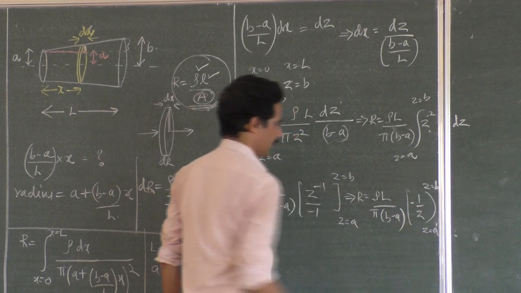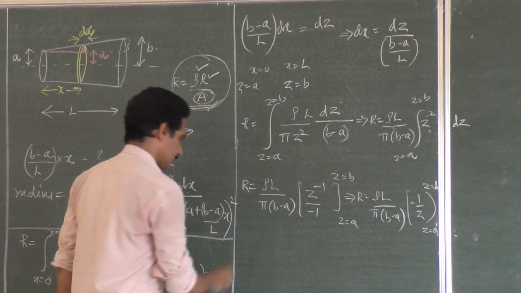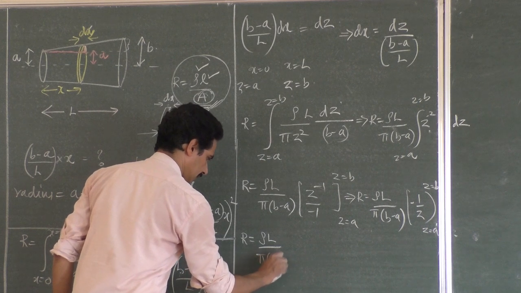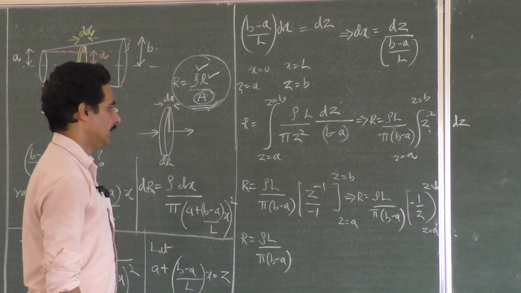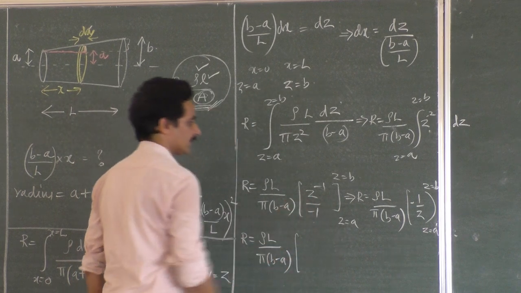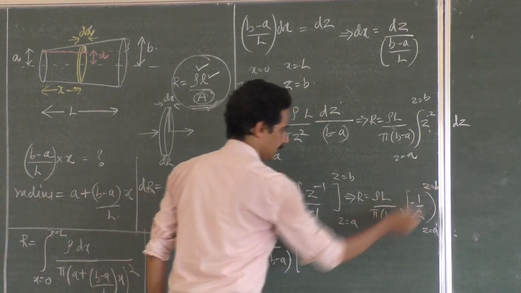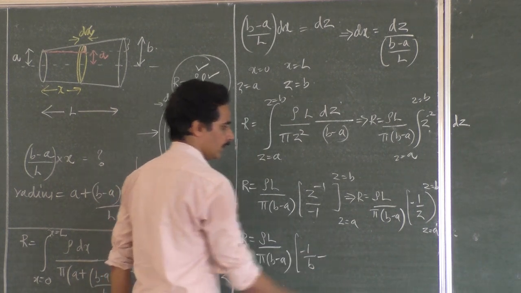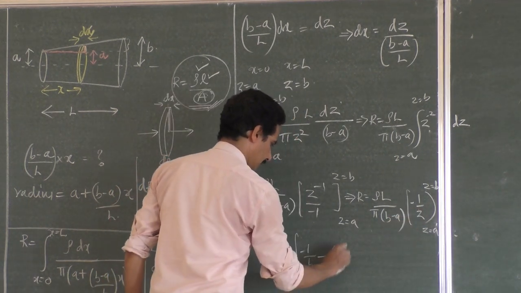Okay? Now, suppose I put the limits. R is equal to rho L by pi into b minus a. Suppose I put the limits, z equal to b, upper limit, minus 1 by b, minus the lower limit z equal to a, minus of minus 1 by a.